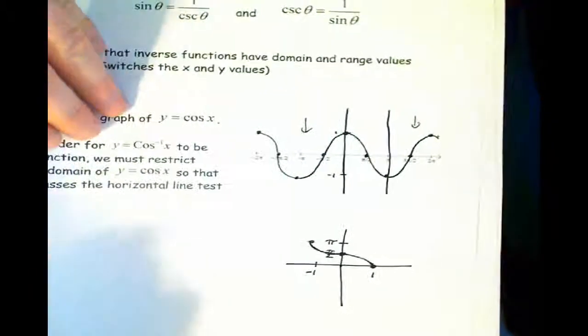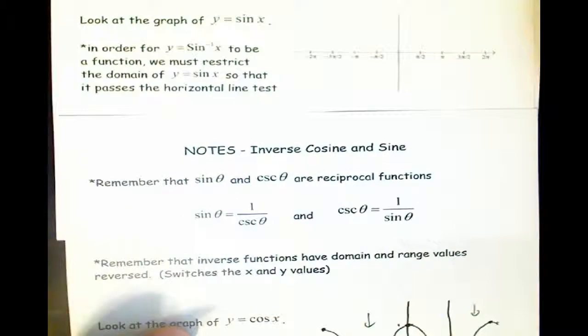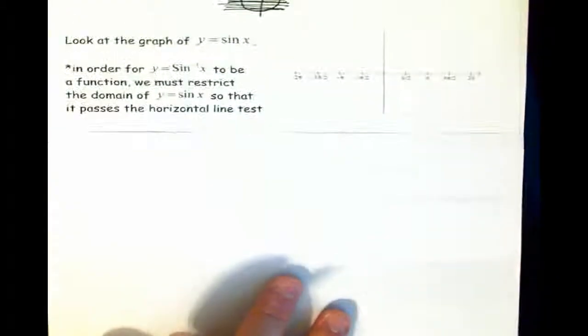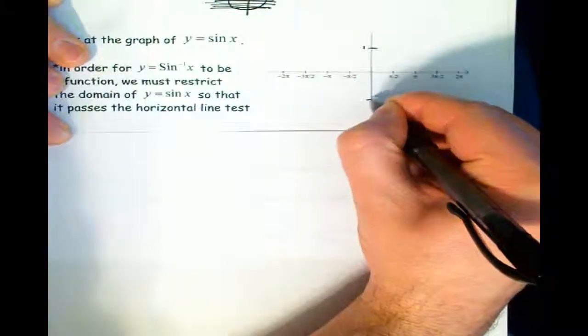Let's do sine. I'm going to move a little faster now since we've already done one. Take just a second to draw the sine graph. You should be able to keep up with me now. We have a 1 and a negative 1.